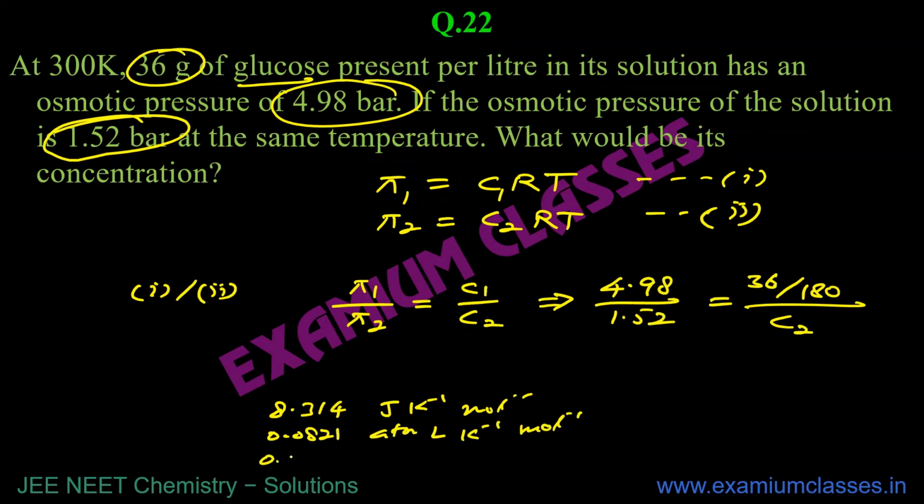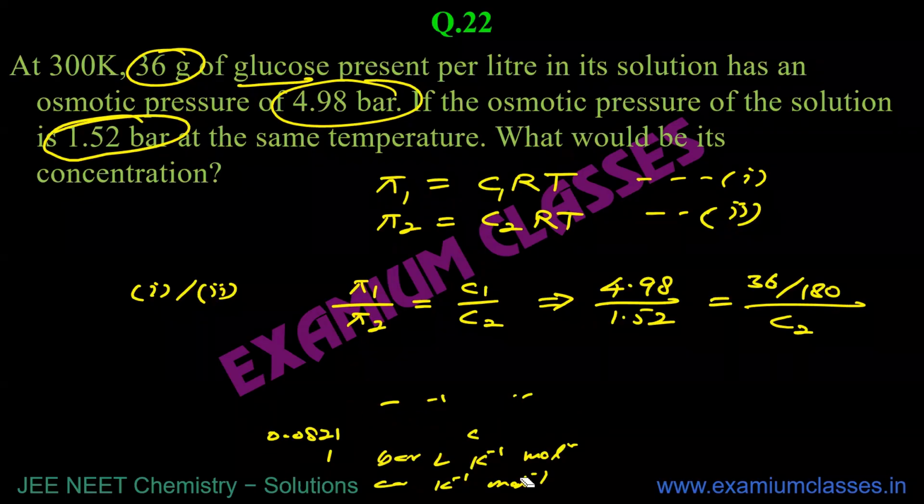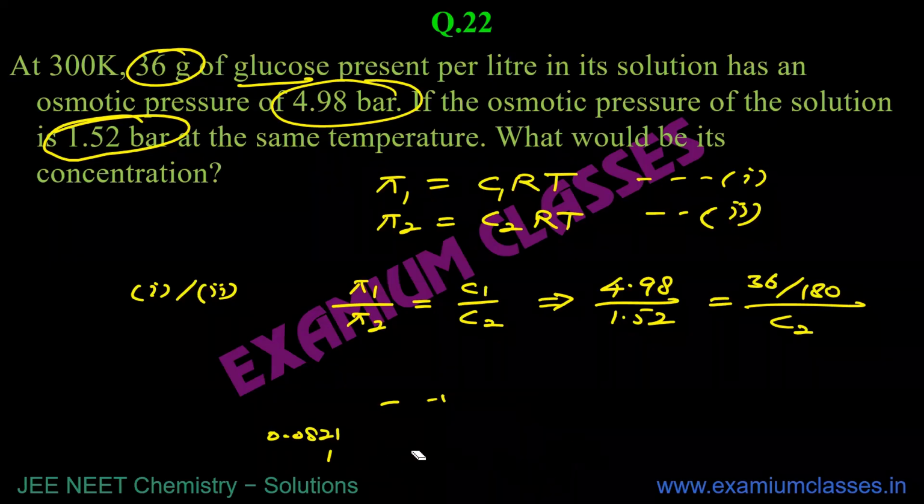It is 0.0831 bar liter per Kelvin per mole, or it is approximately 2 if you say calorie per Kelvin per mole. So from here also, if you calculate the value of C2, it will be approximately the same, but this is the method you have to follow.